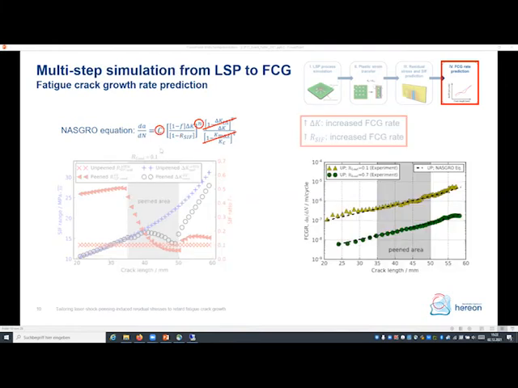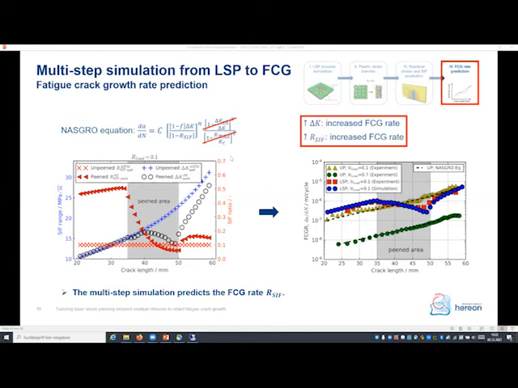And then I have the material constants C and n, and these are identified by base material, so not peened material. This is important. And then I can use these inputs and the identified material property parameters and calculate the fatigue crack growth rate. And I see this matches very well the fatigue crack growth rate measured for peened specimens.